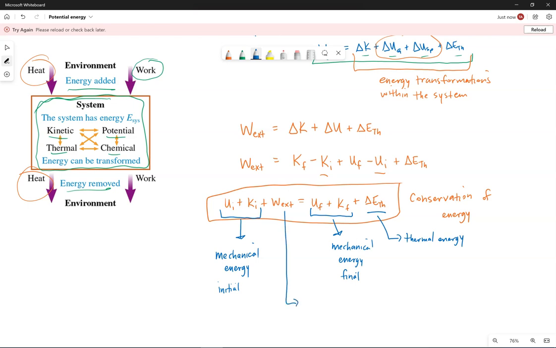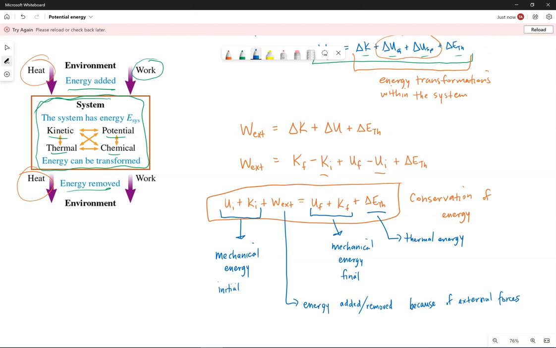Work external is any other energy added or removed because of other forces. Because of the external forces I mentioned above. External. By that, I mean not gravity, because we're accounting for gravity and the spring in terms of potential energy.